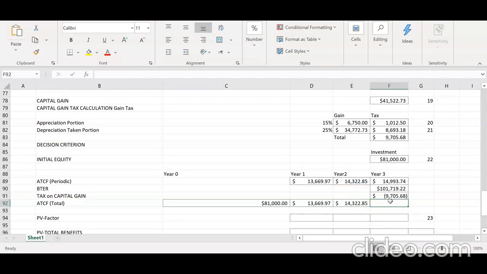And for the third year, we're going to count from here plus this amount plus this amount.